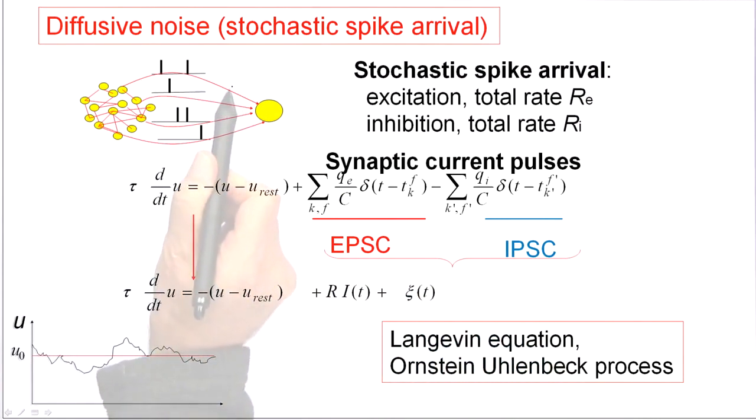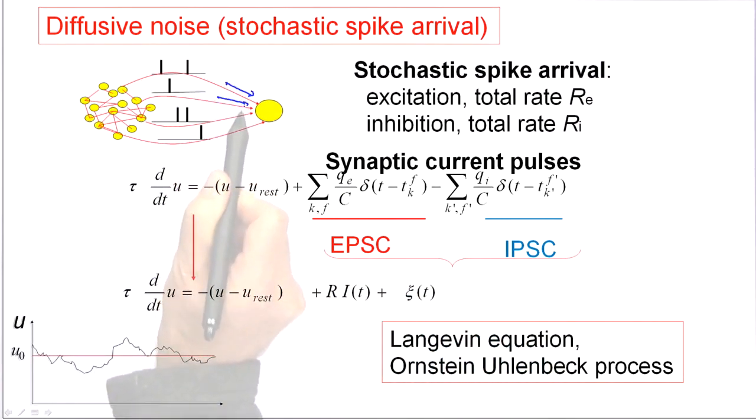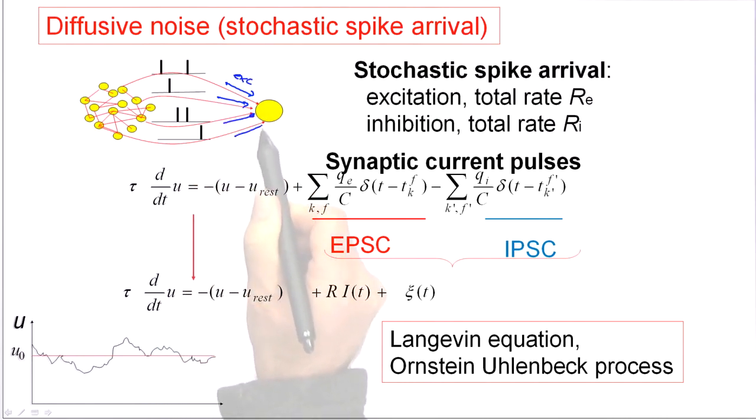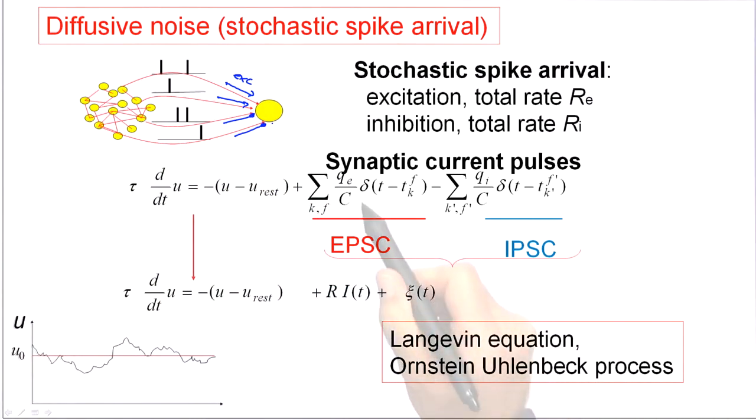Suppose that there are some synapses that are excitatory, and there are other synapses that are inhibitory. An excitatory spike arrival causes a charge delivered to the membrane called QE. This instantaneous delivery at that spike arrival time of the charge QE gives rise to a positive jump of the membrane potential.